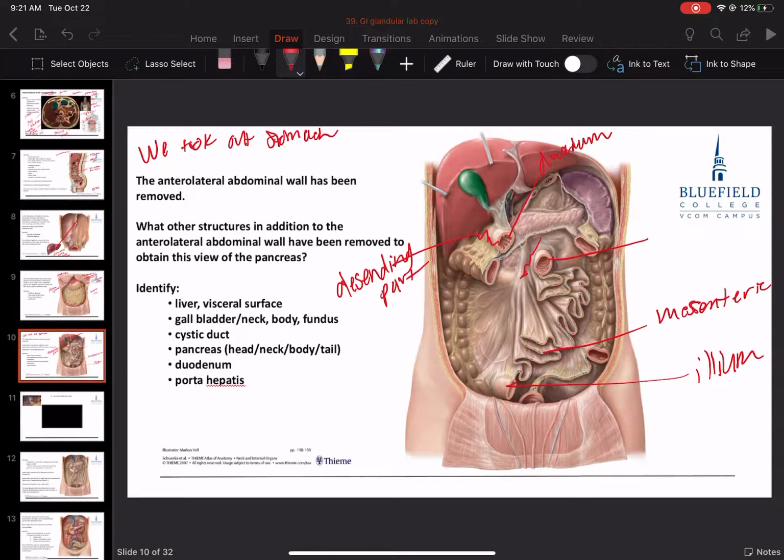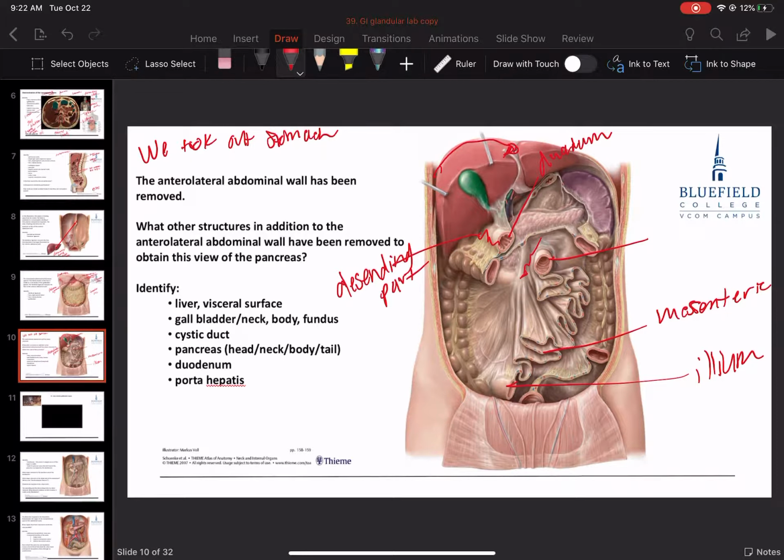The superior surface of the gallbladder right here is attached directly to the liver. We don't say it's retroperitoneal, but it is attached directly to the liver, and there are veins that drain the wall of the gallbladder directly into the sinusoids of the liver. So then the visceral peritoneum covers the liver, but it's going to come off of the liver right here. It comes off and forms the falciform ligament that's going to attach the liver to the anterior abdominal wall.